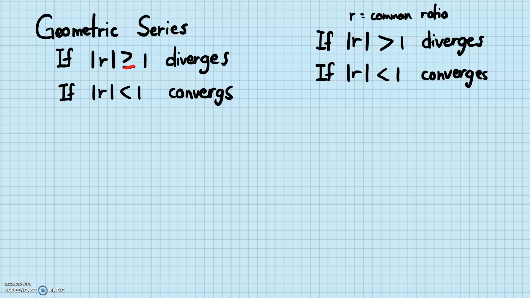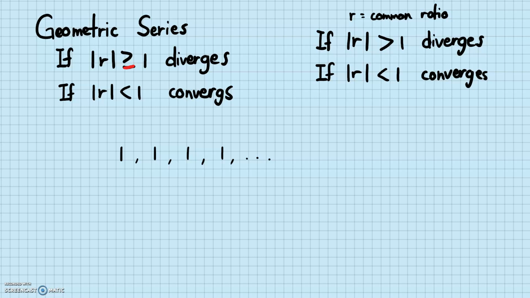Okay, and the reason is this. Let's say we have a geometric series where the common ratio is 1. So if we start with 1, we multiply by 1, the next term is going to be 1, the next term is going to be 1, and it's just going to be 1 each time. As a sequence, this doesn't diverge, right?